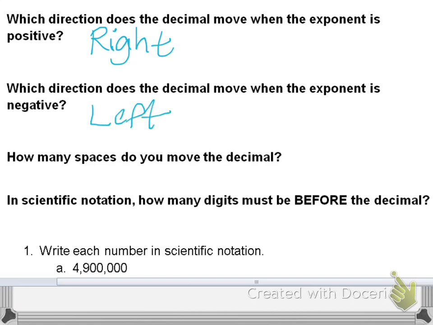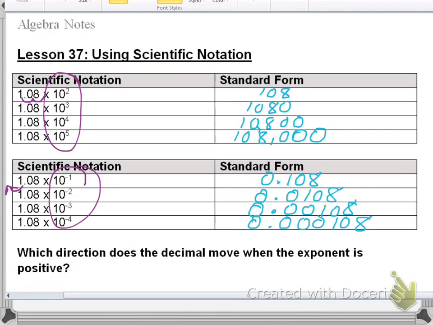So how many spaces do you move the decimal? Again, look back at your table here. At the beginning, for 10 to the second power, we come out with 108, which is 2 places to the right. And then the next one is 3 places to the right, where we have to add a 0. The next one is 4 places to the right, where you have to add 2 zeros to fill in those spaces.